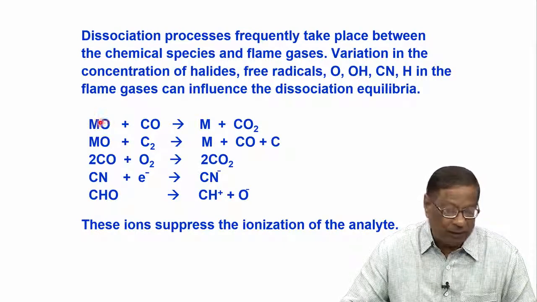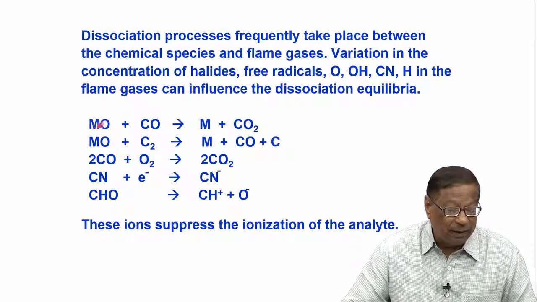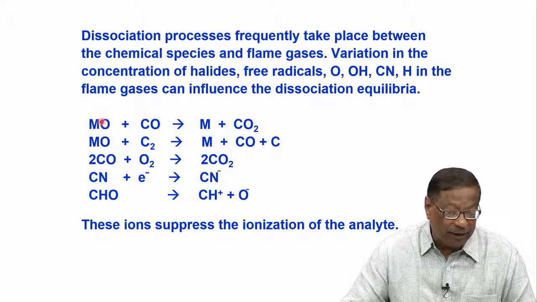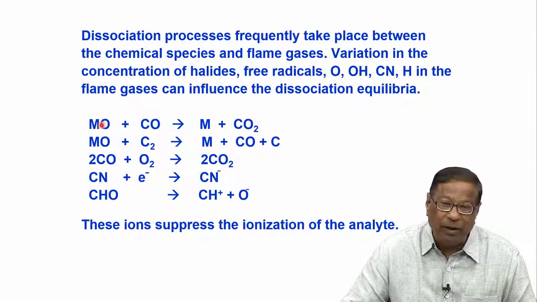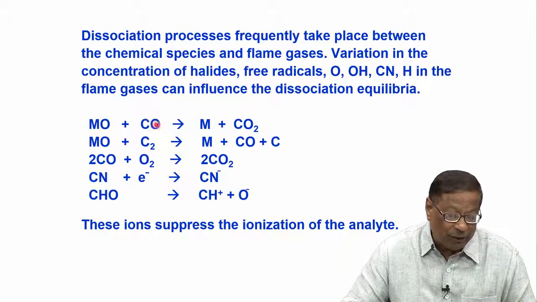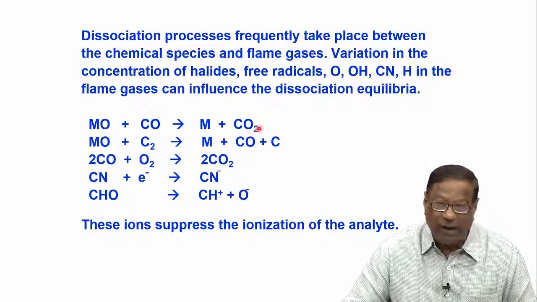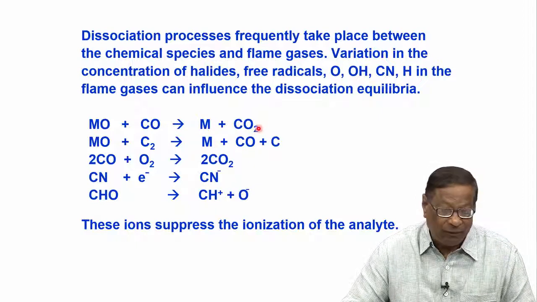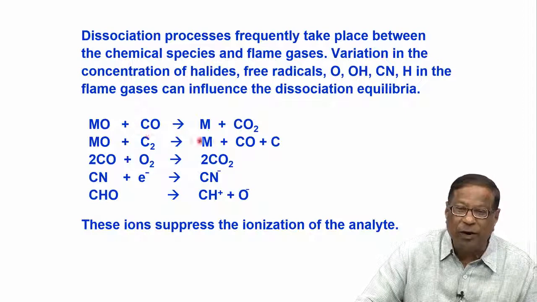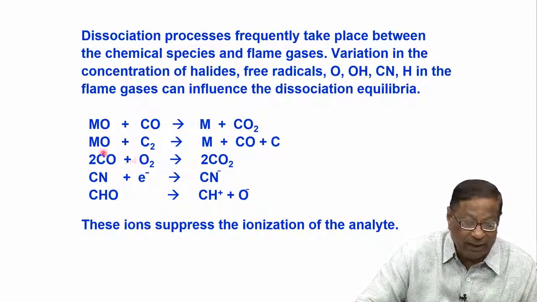Even though it is metal chloride, 90% of the time it is copper chloride, cobalt nitrate, etc., the moment you introduce them into the flame, metal oxide forms. So, the reaction of metal oxide with carbon monoxide gives you metal atom. This is a good reaction, beneficial for the production of free atoms.